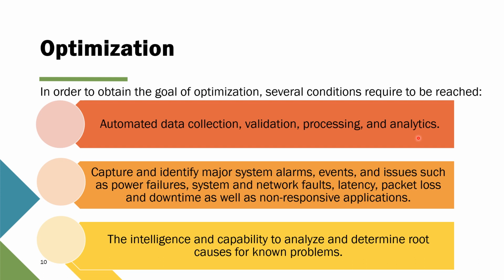So if it is not able to capture and identify all of these major system alarms and all these power failures and everything, then the system itself will not be functioning. Okay, so it's supposed to have this function where it is able to identify the problem in the system.